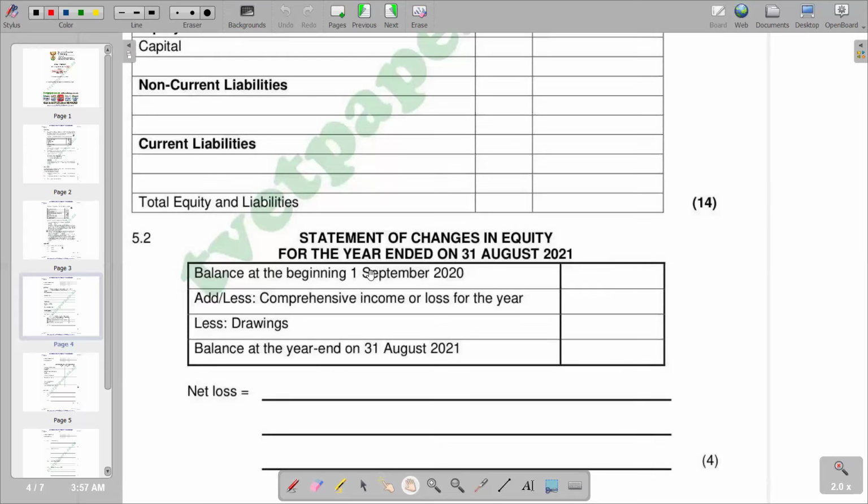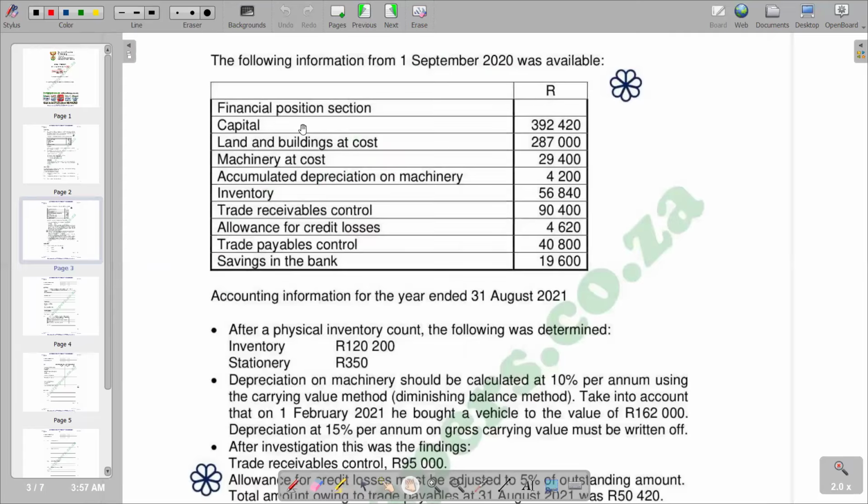We can start with the balance at the beginning. I will go back to the question. The balance at the beginning is going to be our capital balance, which is 392,420. So we put this one as our balance at the beginning.